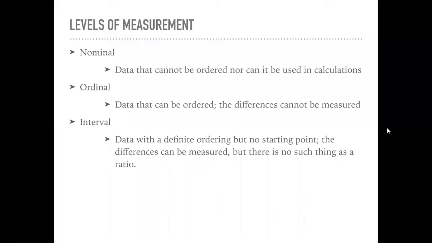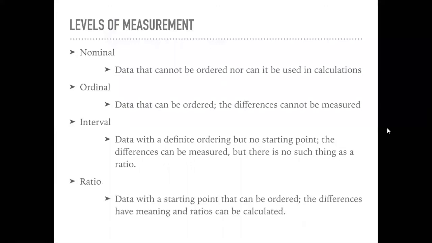But for the most part, your numerical data, your quantitative data, is going to be ratio. So ratio is data that has a definite starting point, that can be ordered, the differences have meanings, and ratios can be calculated. So this is where you're thinking 0 means nothing.